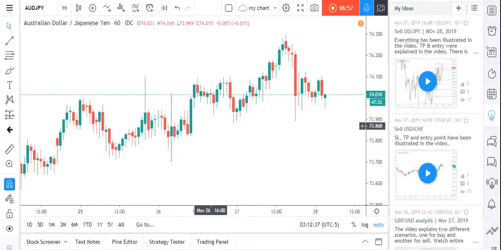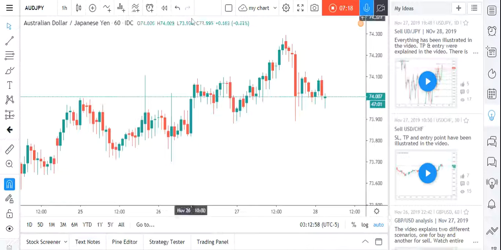Whenever tension increases, the Japanese yen gains because it is a safe haven currency, and whenever global tension eases, when there is a reduction in tension, when there is a positive development in the trade deal, the Japanese yen weakens. So keeping this position for a long time is not advisable. So I'm targeting a very small target, which is 61.8% of the recent swing, and most probably this target will be hit.